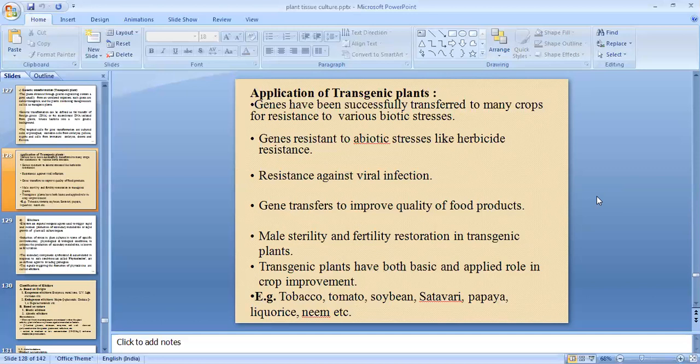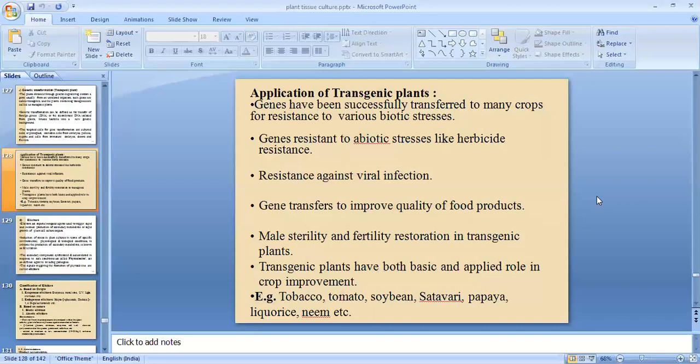Genes have been successfully transferred to many crops for resistance to various biotic stresses, and genes for resistance to abiotic stresses like herbicide resistance can be obtained. Resistance against viral infection can be brought about.